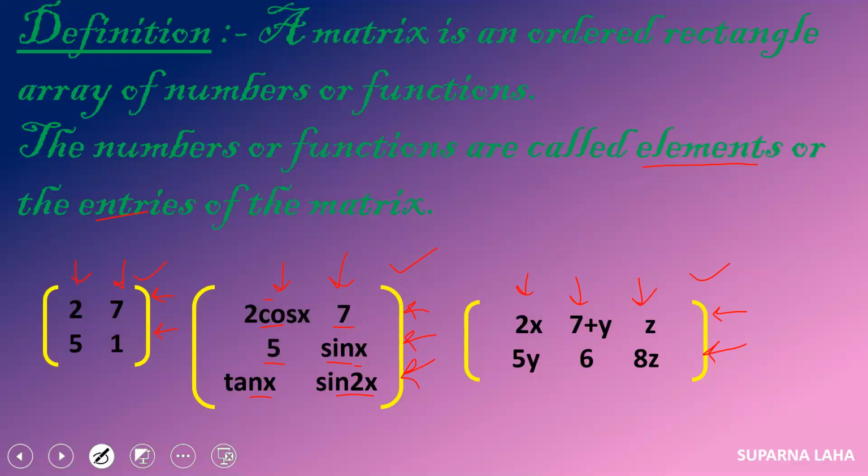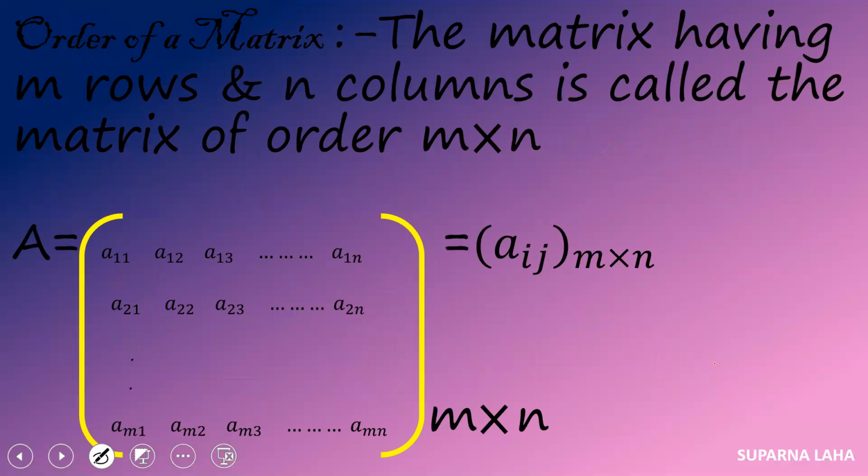Now, how do we differentiate these rows and columns? If some matrices are given, is there any way to describe their rows and columns? Their rows and columns are described by the order of the matrix. If a matrix has m rows and n columns, then we call the order m cross n, or we call it an m by n matrix. And here is the general representation of a matrix.